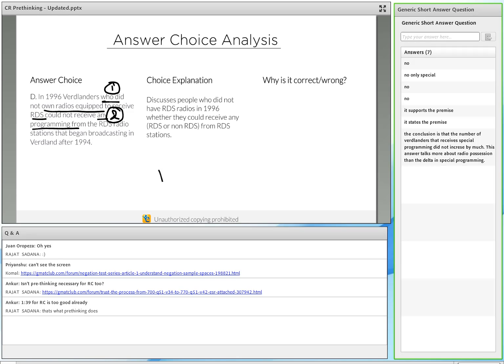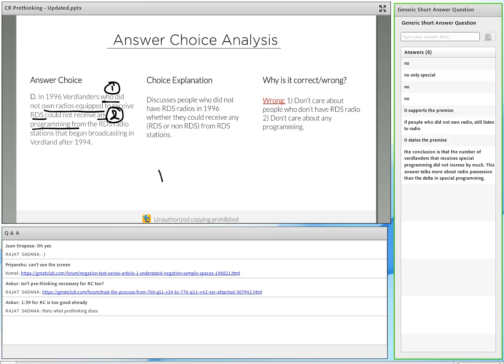No. The conclusion has nothing to do with people who don't have the right radio. Why? Because only people who have the right radio can receive special programming. And again, we don't care about any programming. And Mariam, good reason for you as well. Thank you.